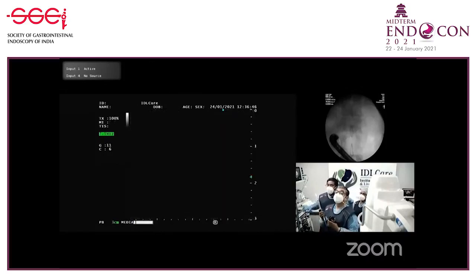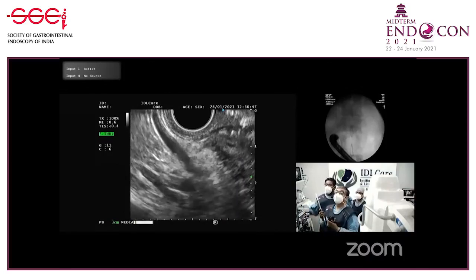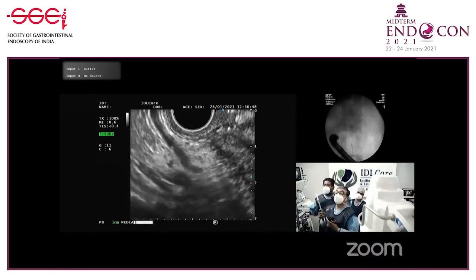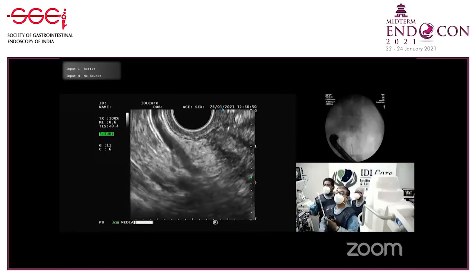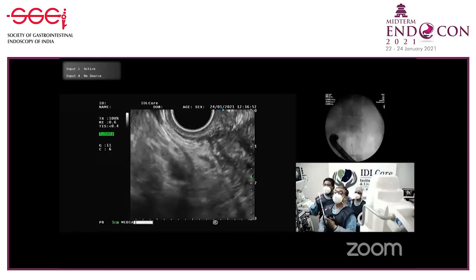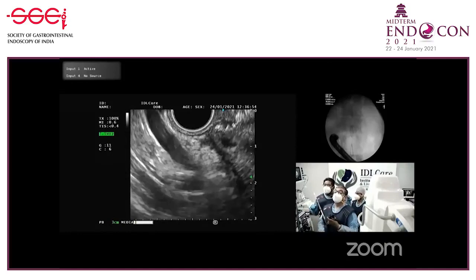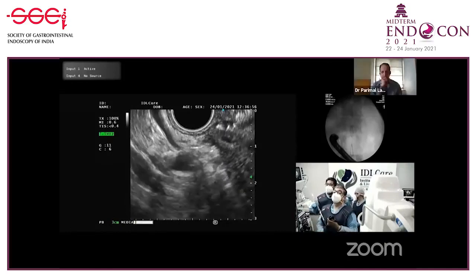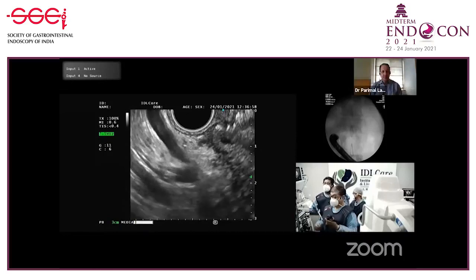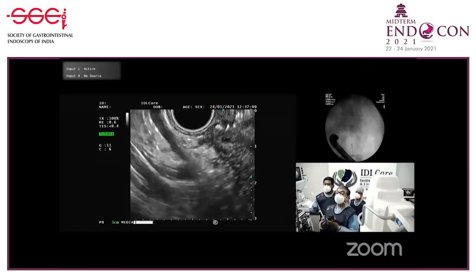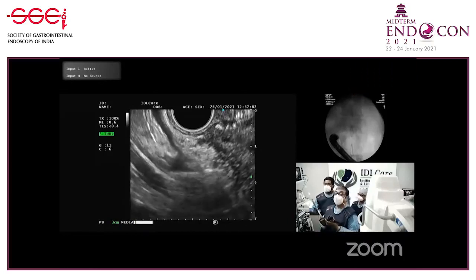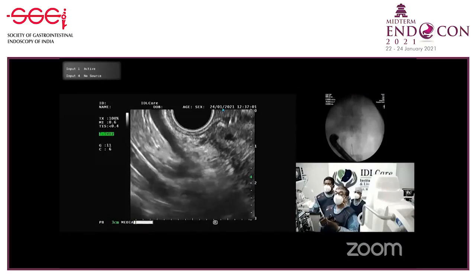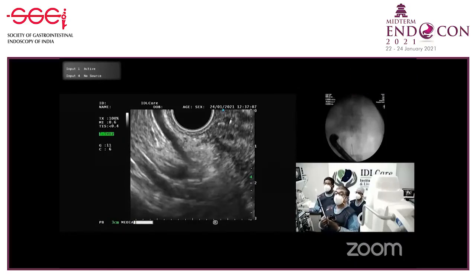See, some air has gone in and created a problem for me. Now I can't see the CBD well. There it is. So these are small things which you have to learn so that you do a complication-free procedure.